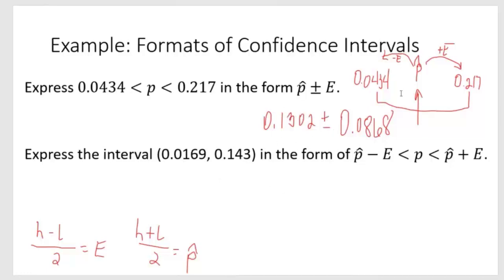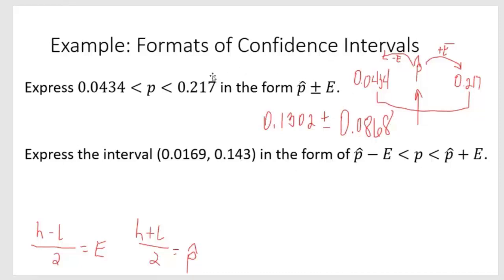So this one is the answer to that very first way. In other words, we could say our p hat was 0.1302, and then the error was 0.0868. Another way, if we have this, I could have practiced writing the interval, but if you have it this way, it's not hard to get it. Once you do the subtraction, if you take these two numbers and subtract them, you'll get your lower end.